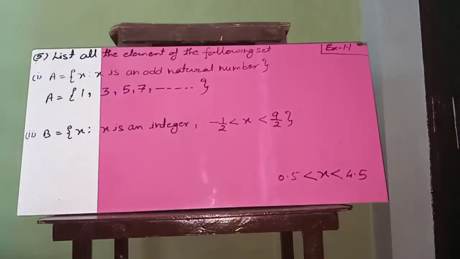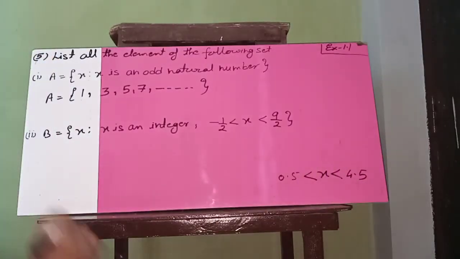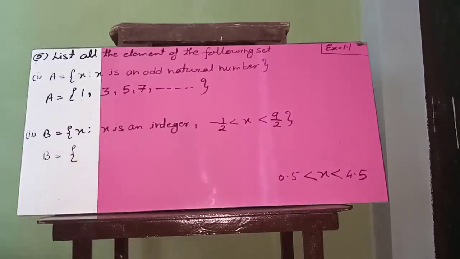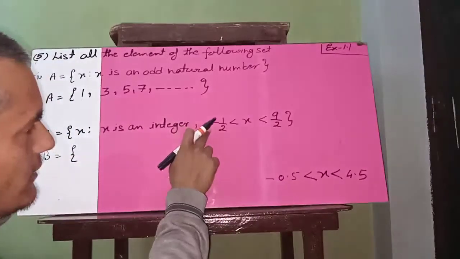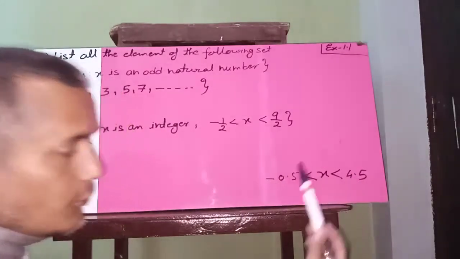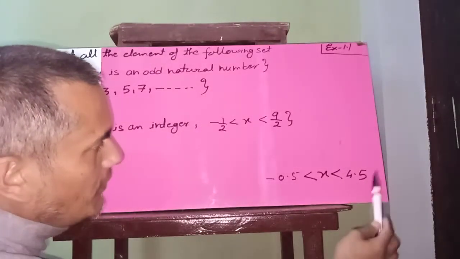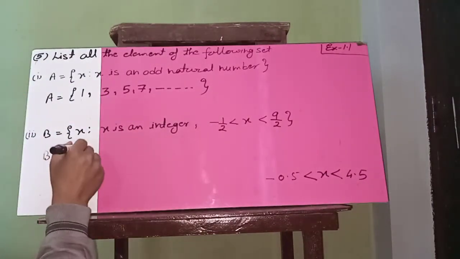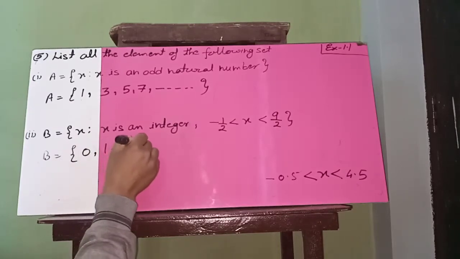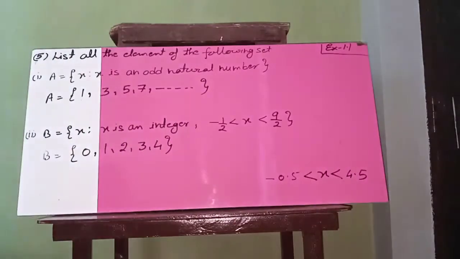So you will take the integers between -0.5 and 4.5: first is 0, then 1, 2, 3, and 4 is also included because 4 is less than 4.5.